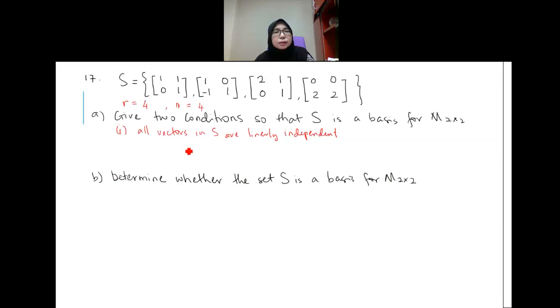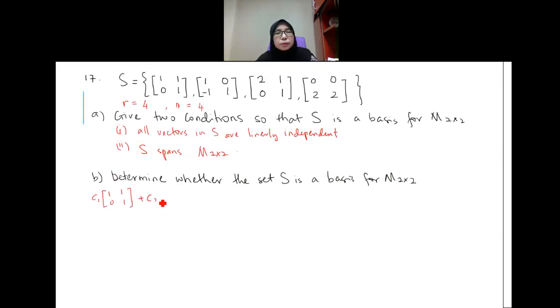Second condition: S spans M2 by 2. Determine whether the set S is a basis for M2 by 2. So again, you should write a linear combination. This is in the form of matrices. So write a linear combination. Let's do it together.